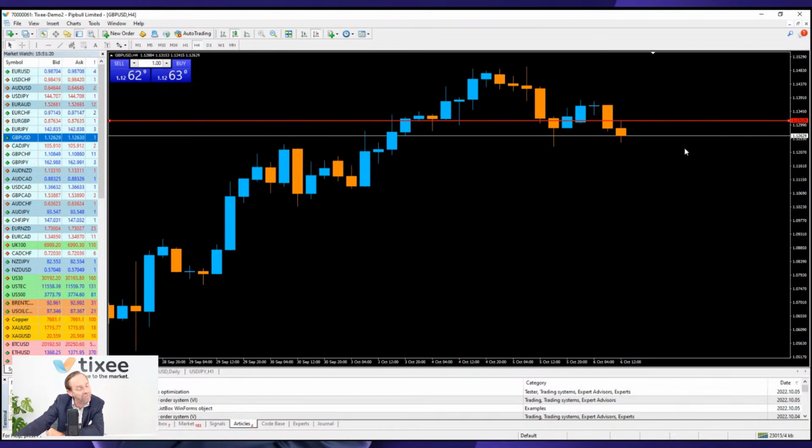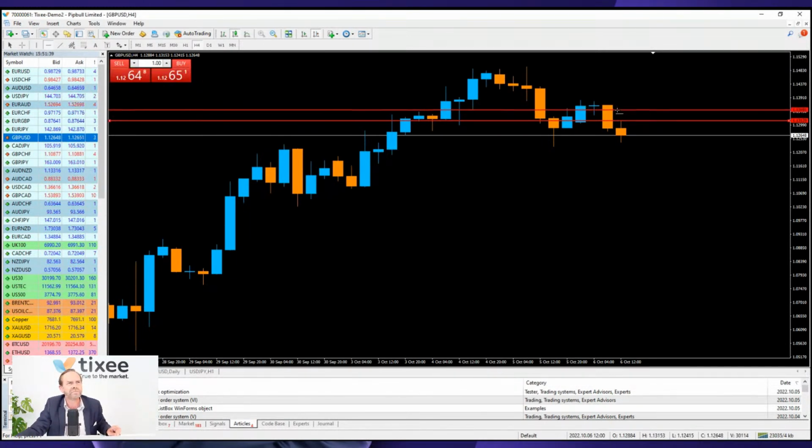Now we've got a potential high, 1.13667. No, sorry, the first resistance was, I times it, 1.13436. So there's our potential resistance.